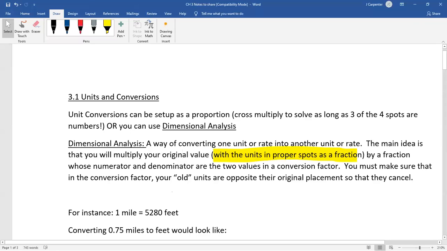So you're going to multiply by a fraction whose numerator and denominator are the two values in a conversion factor. There are a very small amount of conversion factors I ask you to memorize, and they all have to do with time. I will not ask you to memorize any feet to miles or centimeters to inches, none of that stuff. Gallons to ounces, or fluid ounces, excuse me. You don't have to memorize any of those.